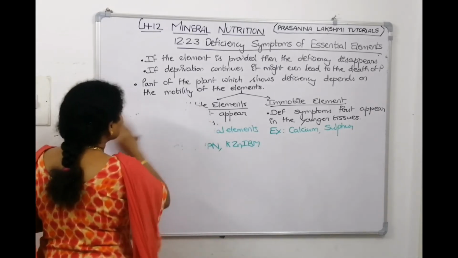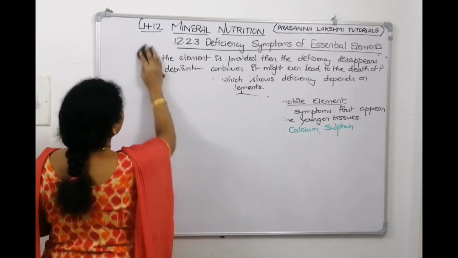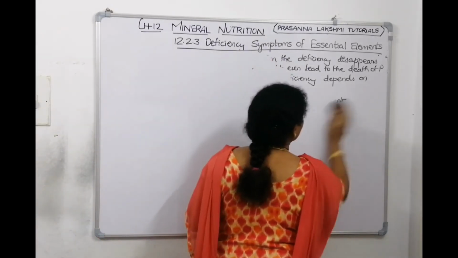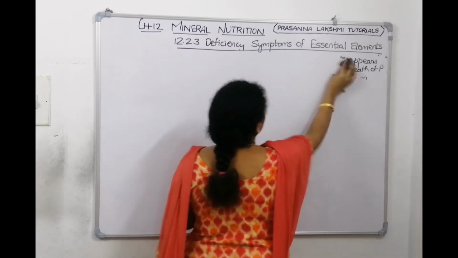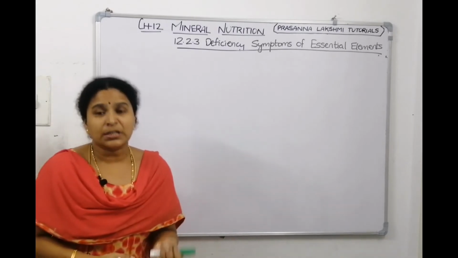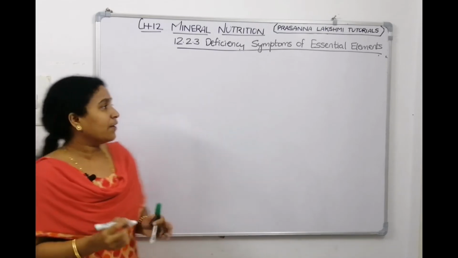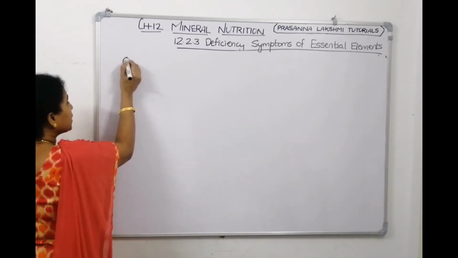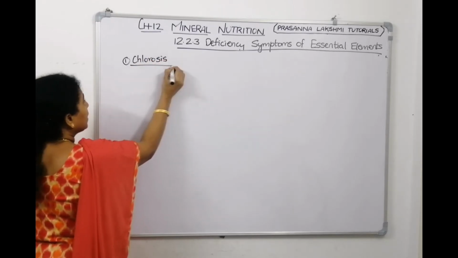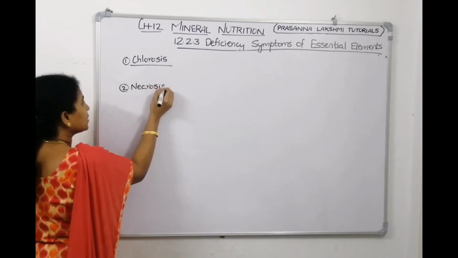Now we will see some deficiency disorders. In NCERT, in one para, they have mentioned 4 deficiency disorders that we will discuss first: chlorosis, necrosis, inhibition of cell division, and delay in flowering. Let us write down. The first one is chlorosis. Second, necrosis.